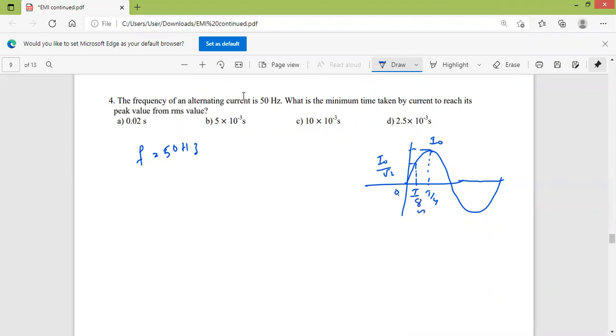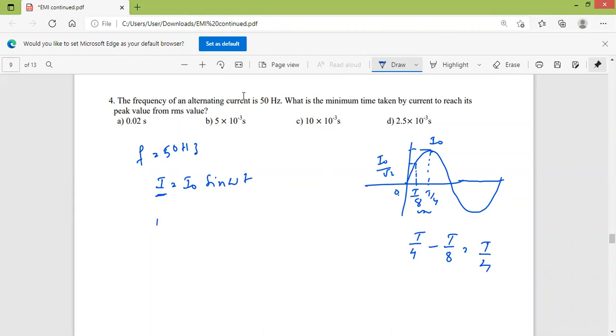Then the time taken by the current to reach its peak value from its RMS value is T by 4 minus T by 8. The current I = I₀ sin ωt has to become the RMS value.